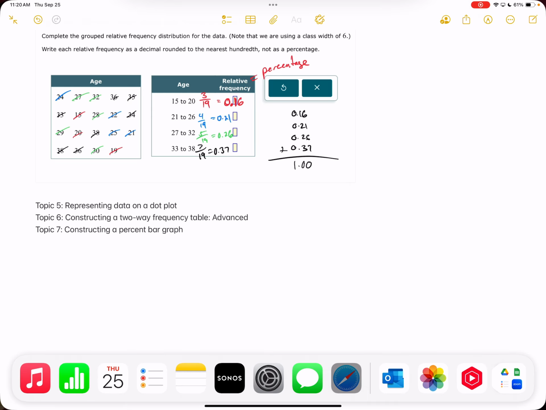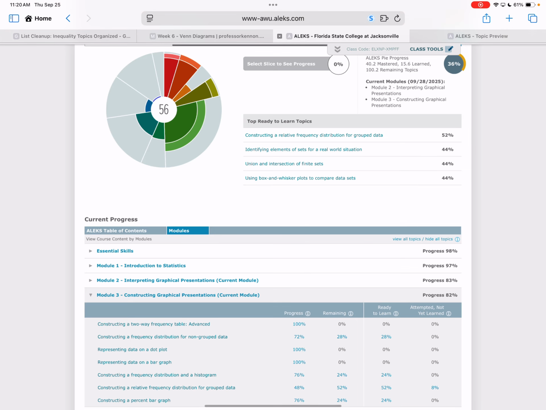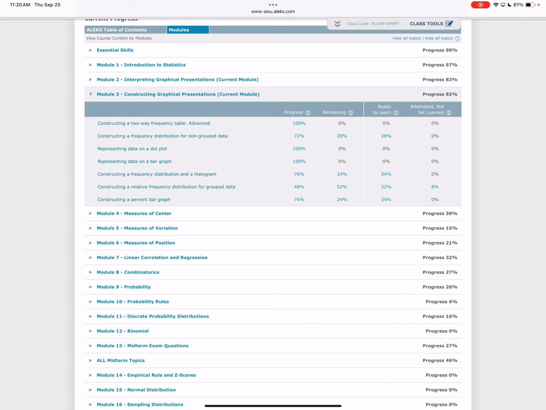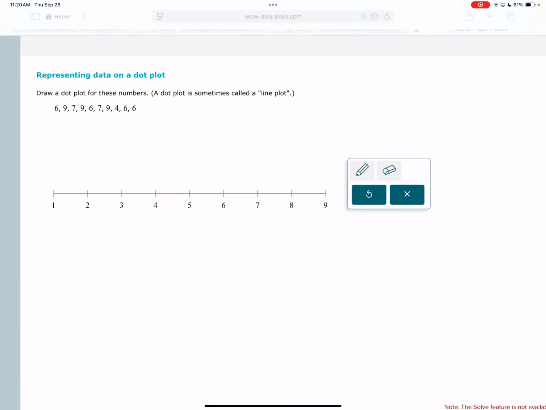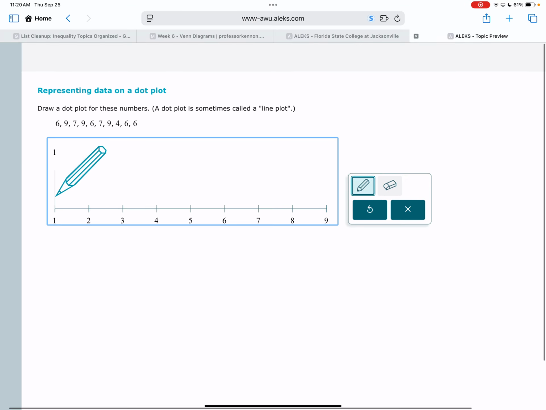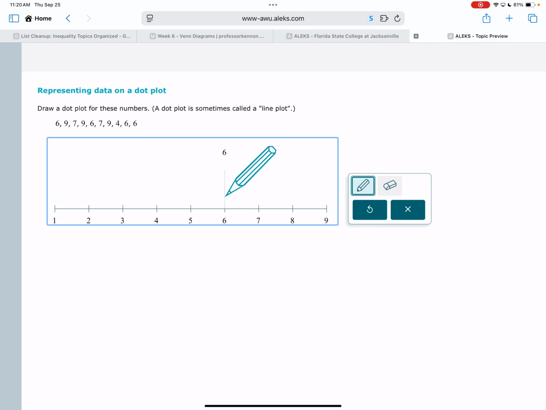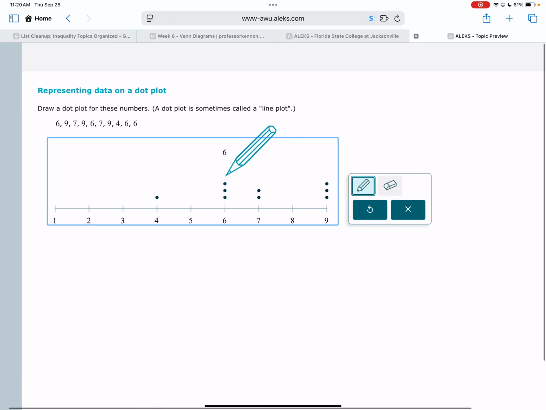Representing data on a dot plot. I think that's pretty easy. To represent data on a dot plot, you really just put the numbers there, right? I don't think I've ever actually done this problem. 6, 9, 7, 9, 6, 7, 9, 4, 6, 6.